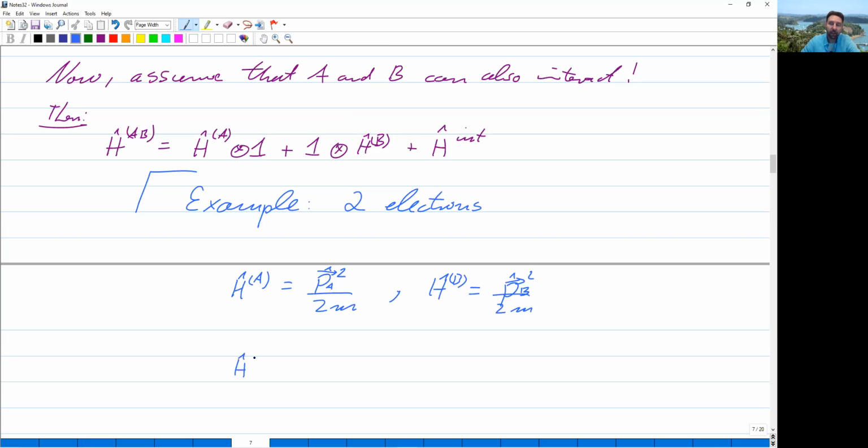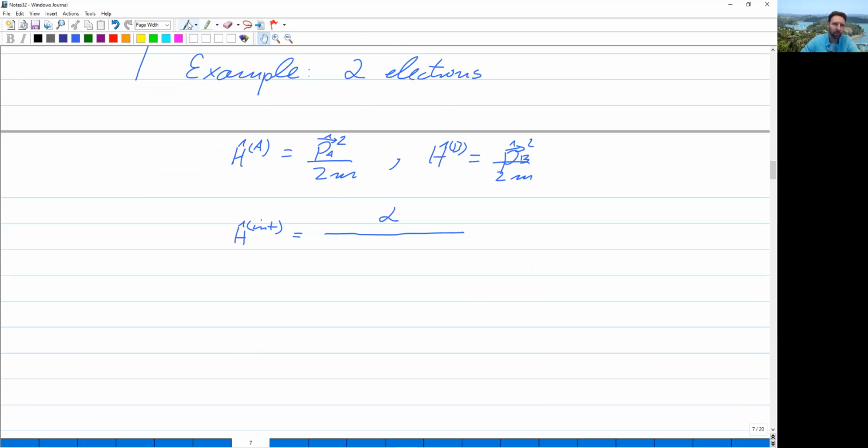Well, H hat interaction could be, and at first I write it schematically, the way you would often see it abbreviated, but then just to make sure you're getting the full picture, I will also give you the details of it. So it's some alpha divided by the square root of the difference in the position between the two electrons.